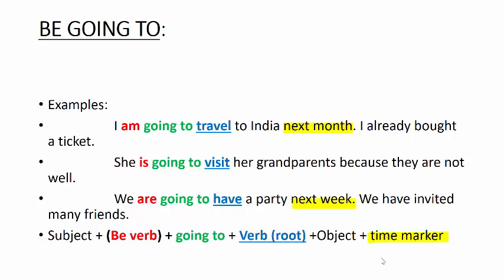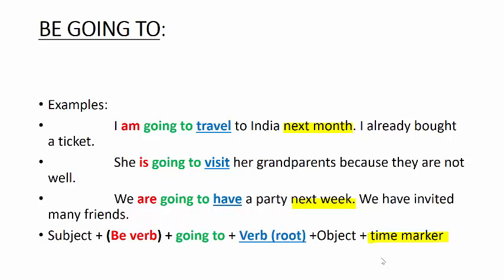My time marker is next month. I am going to travel to India next month. I already bought a ticket. I have a ticket. It is absolutely going to happen. I bought the ticket. This is my plan, my definite plan. There's my construction.